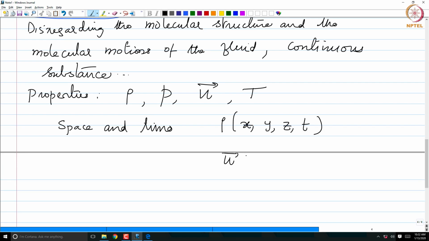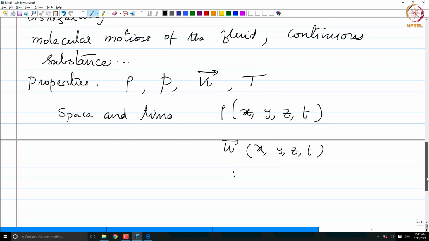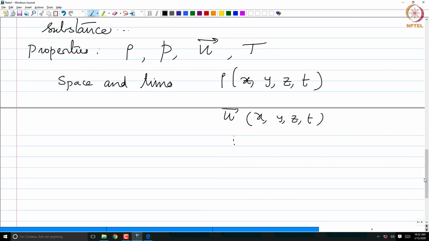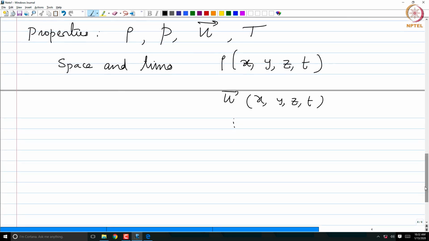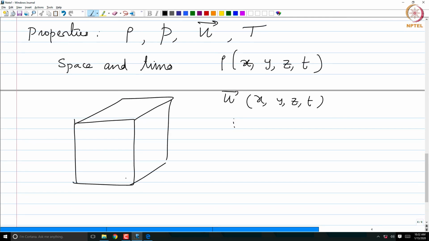Similarly, the velocity vector u is a function of x, y, z, t, and so on. So these are all functions of both space and time. Now the fluid element that we consider here, let's say I consider a fluid element like this. So this is an infinitesimal fluid element.